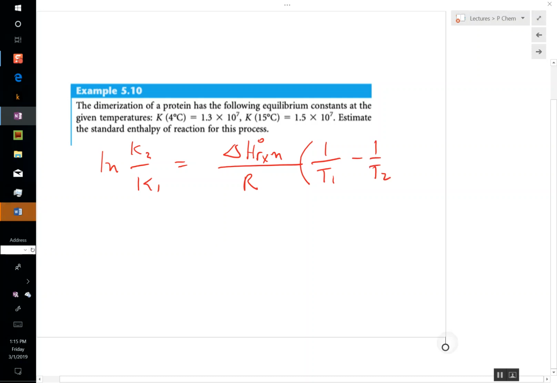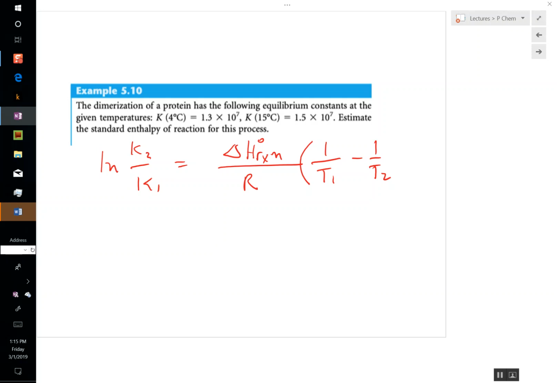Doesn't matter which one you pick for 1 and 2, right? As long as you link them properly here, I guess it doesn't matter.